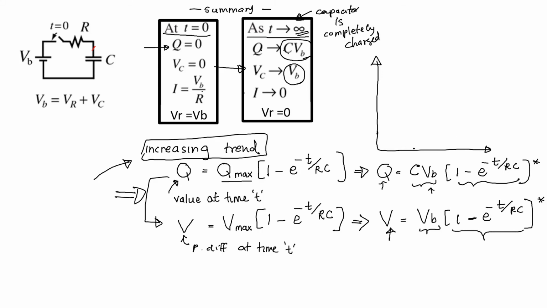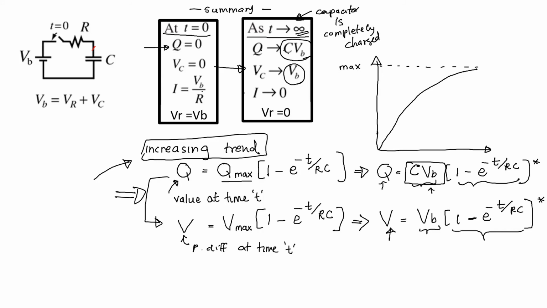And if I draw the graph, this is how it will vary. It starts from 0 and reaches the maximum. Maximum value means this part. So for Q, if this is the Q graph, your maximum will be CVB.